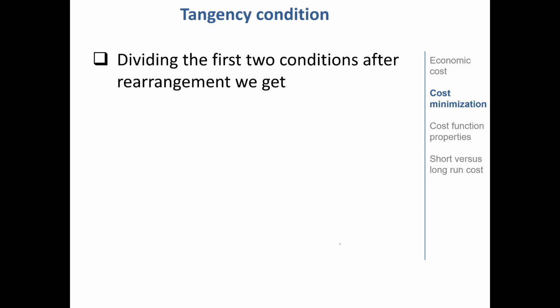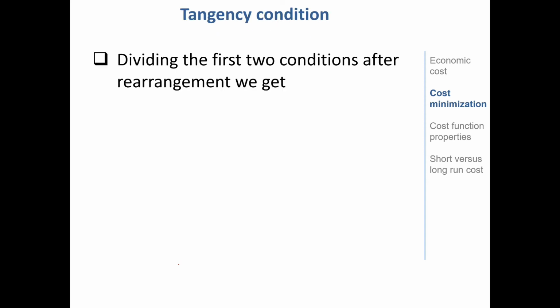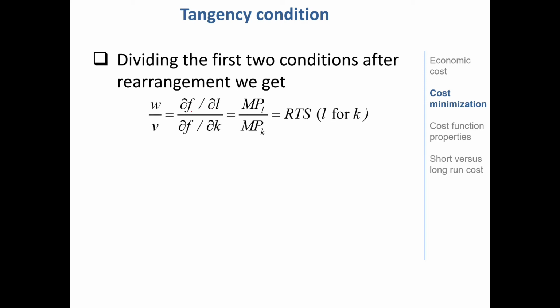So dividing the first two conditions after rearrangement. Let's go back again to see what the first two conditions are, which are the partial derivatives of the Lagrange with respect to the two inputs, right? So we would have something like W over V equals the first derivative of the production function with respect to L over the first derivative of the production function with respect to K. And what are they?